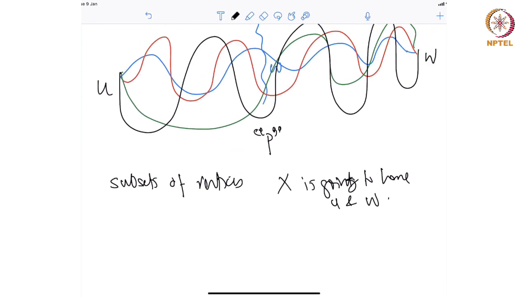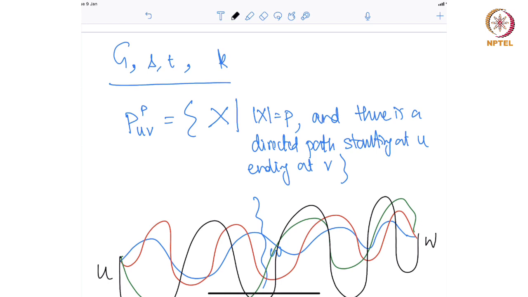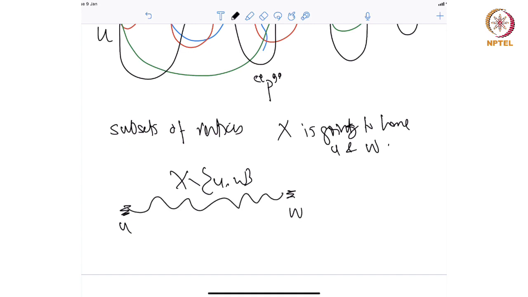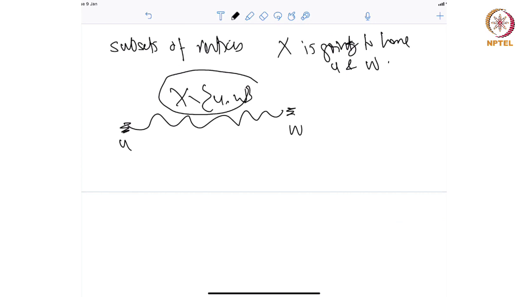So you start from u, you end at w, and look at the other vertices, X minus {u, w}. There is a path from u to w which uses all the vertices of X minus {u, w}. And I wrote X, not as a permutation, because it is possible that for the vertices of X minus {u, w} there could be several paths, and the vertices of this set could occur in a different sequence. But we are not caring about that, we are only caring about sets.